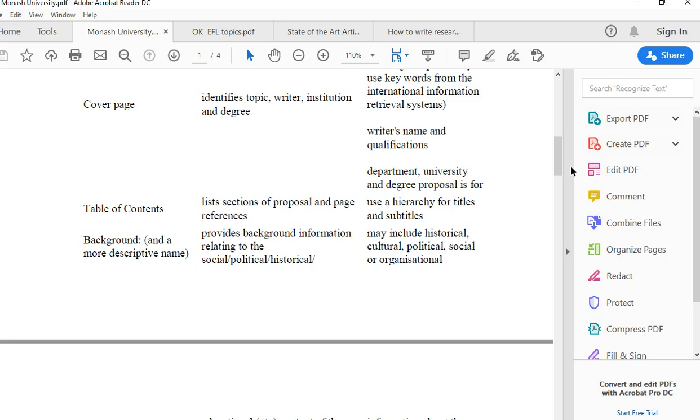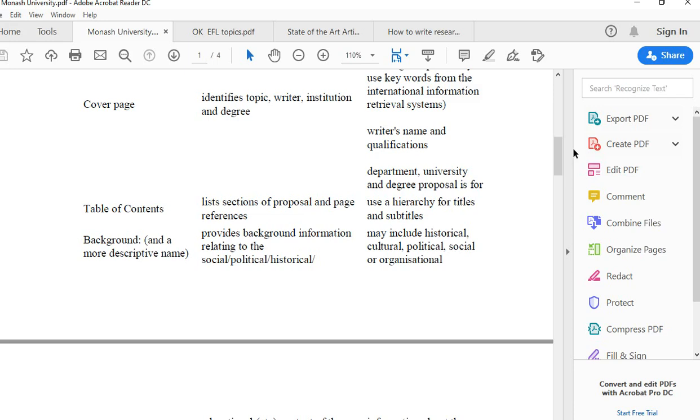You just need to include the front page and then get to the first chapter, which is the introduction. It is also not necessary to include an abstract, because the abstract is the abstract of the whole research. By the time you have written your proposal, your research has not been carried out, so you are not allowed to include the abstract in your proposal.